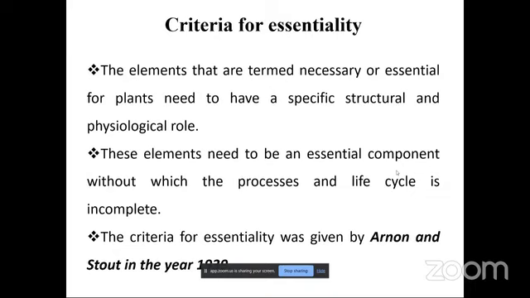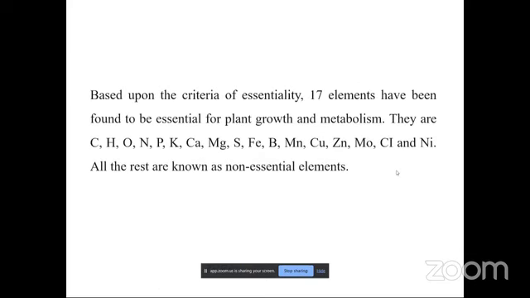Without this element, a plant's life cycle is incomplete. Based on the criteria, there are 17 essential elements. They are carbon, hydrogen, oxygen, nitrogen, phosphorus, potassium, calcium, magnesium, sulfur, iron, boron, manganese, copper, and so on up to nickel. All the rest are known as non-essential elements.